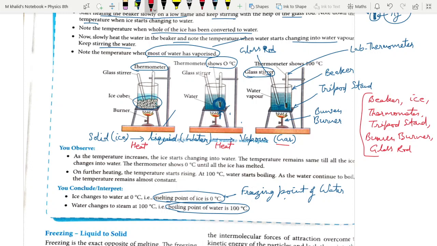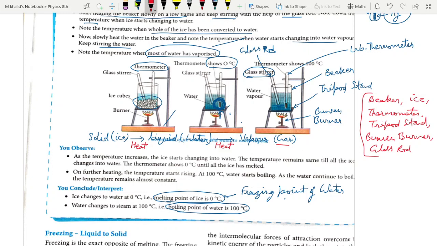And what will we do, we'll put the ice into the beaker and start the flame at a slow pace. The ice will absorb the heat that is supplied by the burner, and it will continuously absorb until the whole ice is converted into water. So when the whole ice is converted into water, we will note down the temperature, which has shown 0 degrees Celsius.